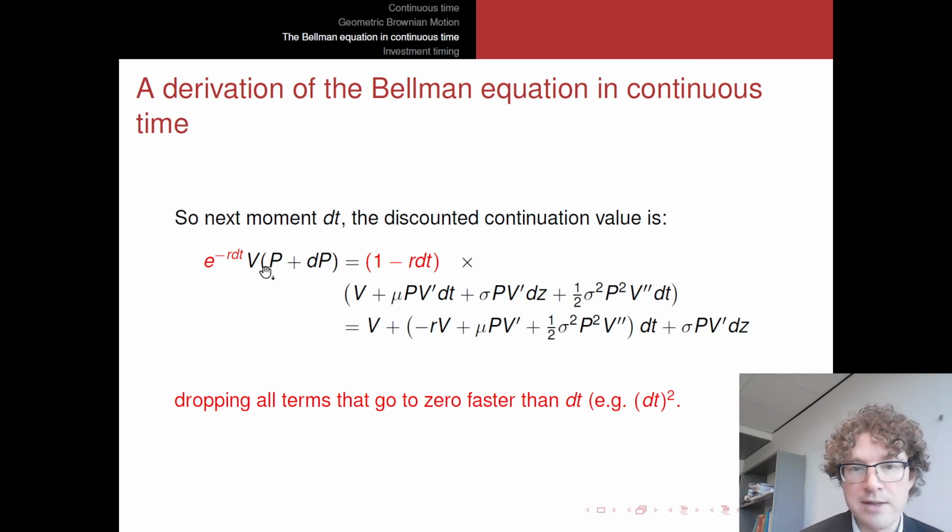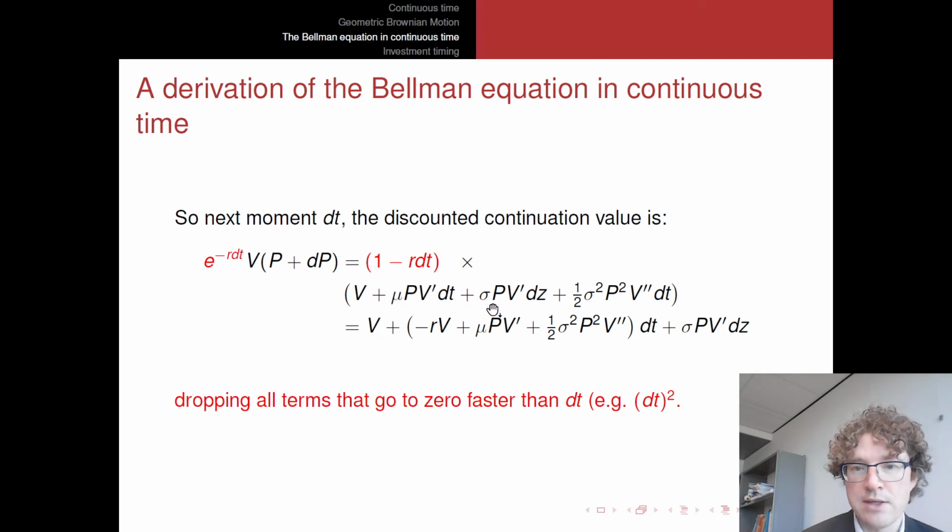And we multiply this by the expression for v evaluated at p plus dp that we just had. If you add those up, 1 times v gives us this thing. The minus r dt times v gives us the minus rv times dt over here. The 1 times these other terms gives me the other terms, so mu times p times v prime comes from this one.